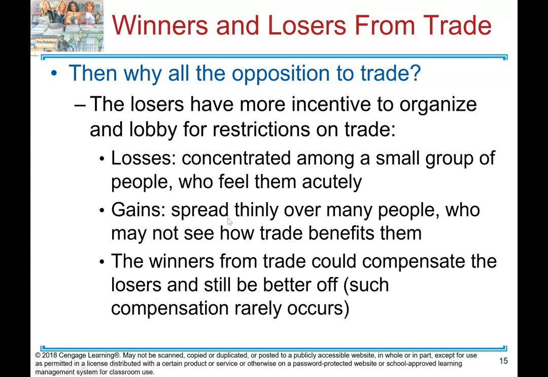But the gains are spread thinly over many, many people who may not see how trade benefits them. The winners from trade could compensate the losers and still be better off. Such compensation, of course, rarely occurs, and that is why there is quite a bit of controversy around issues of trade.